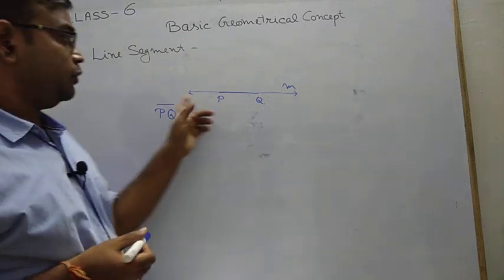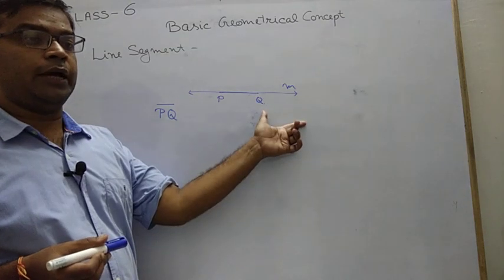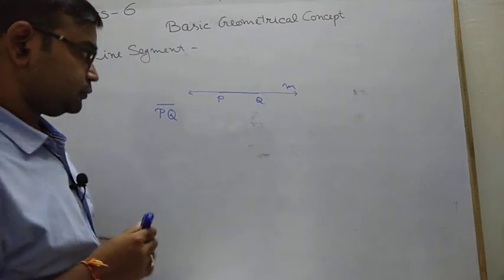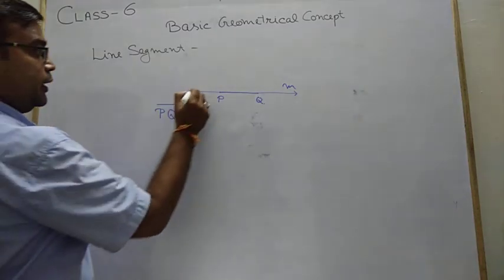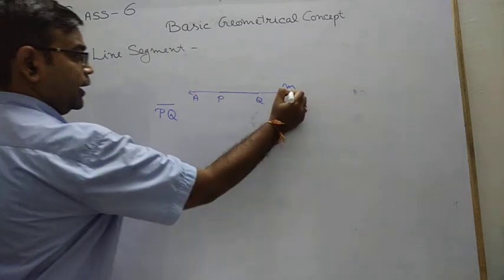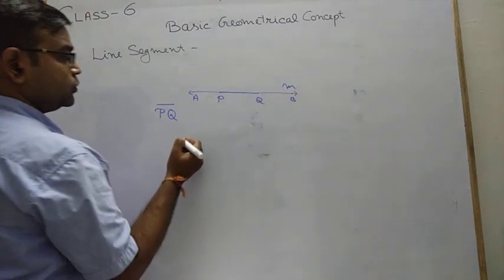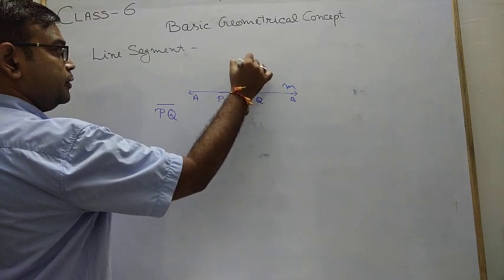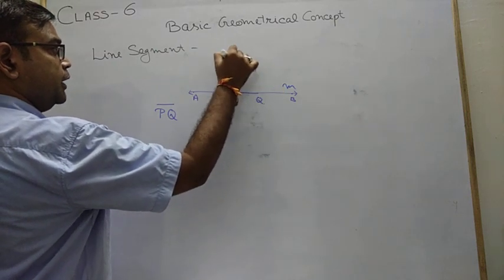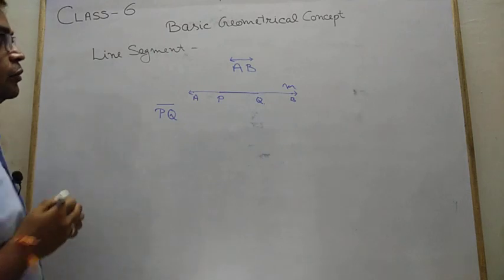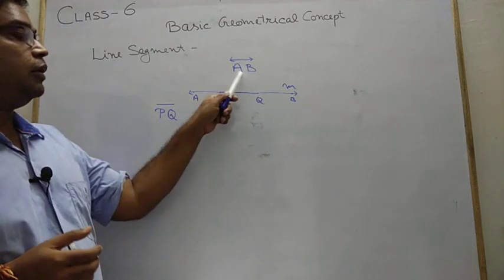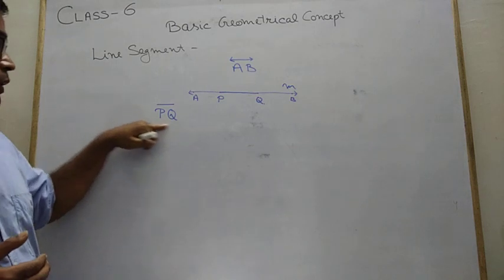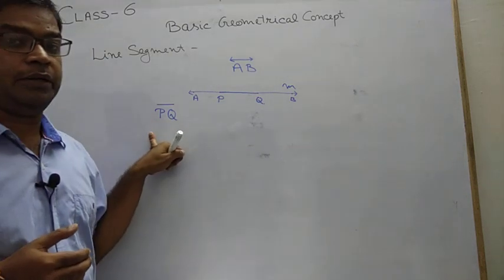For a line, we use a double-headed arrow above two nearest points. Suppose the points are A and B. So we can represent line AB by using a double arrow. This is the notation of your line. But strictly we follow this bar for representing a line segment.